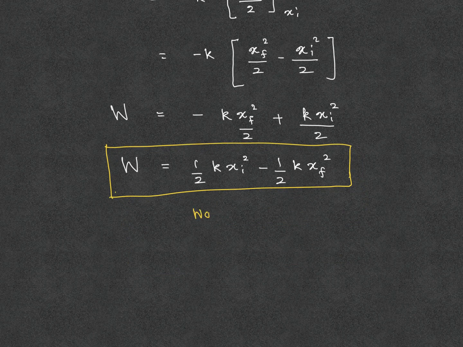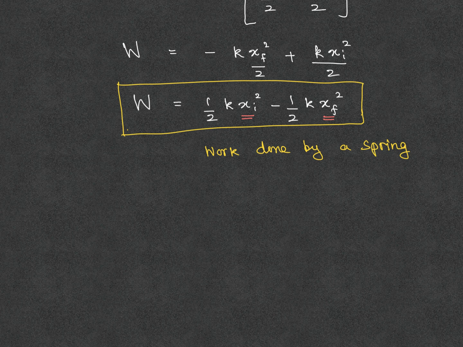I hope you understood that, and this is how you write the work done by a spring force, or work done by a variable force. Unlike in previous cases, here you have x initial, or the initial component in the beginning, because there was a negative sign that we had to deal with earlier.